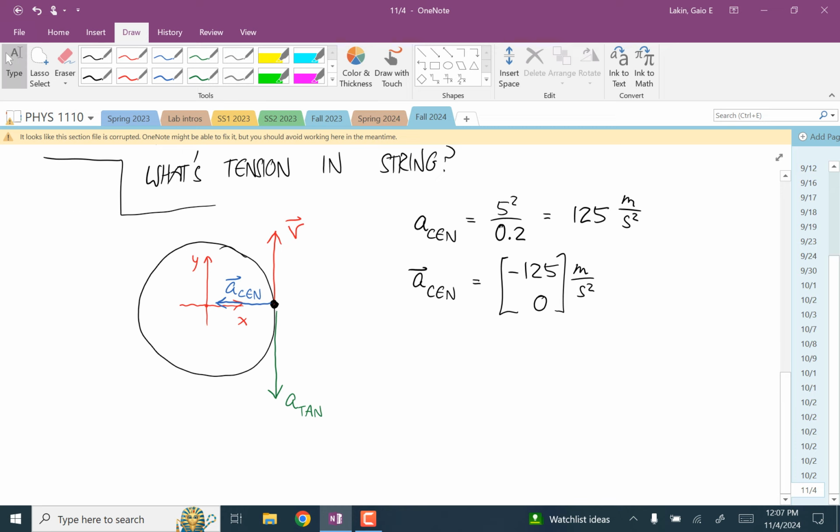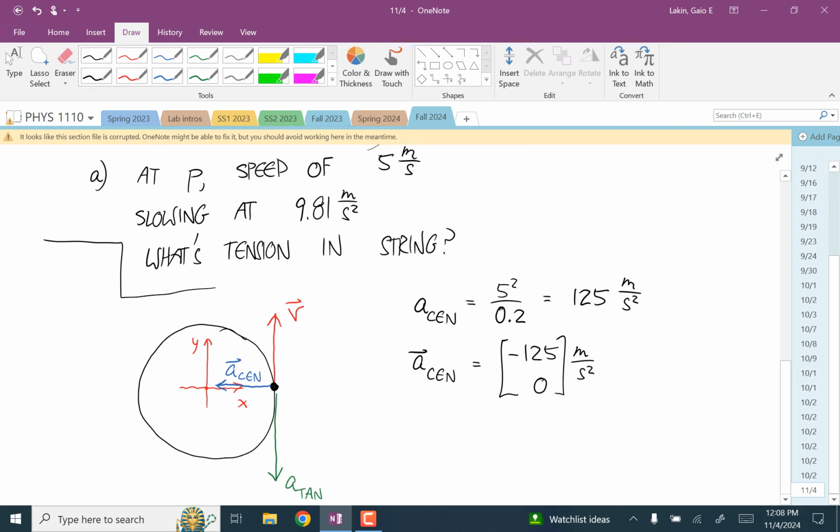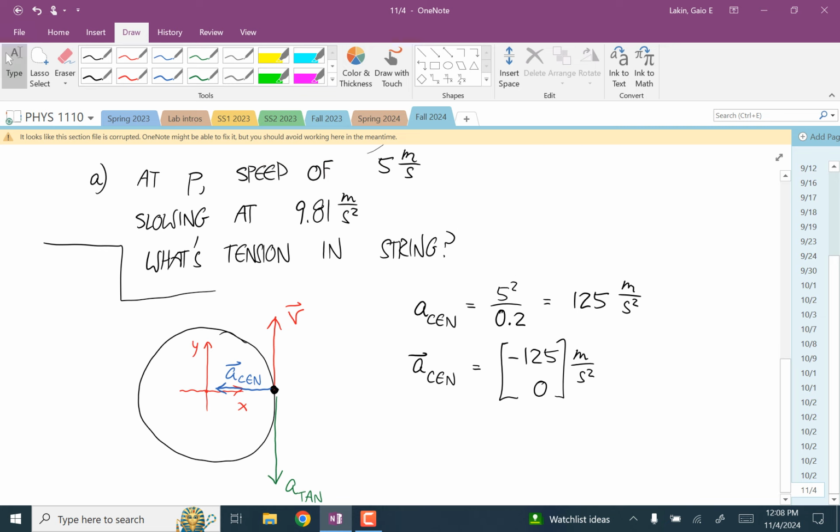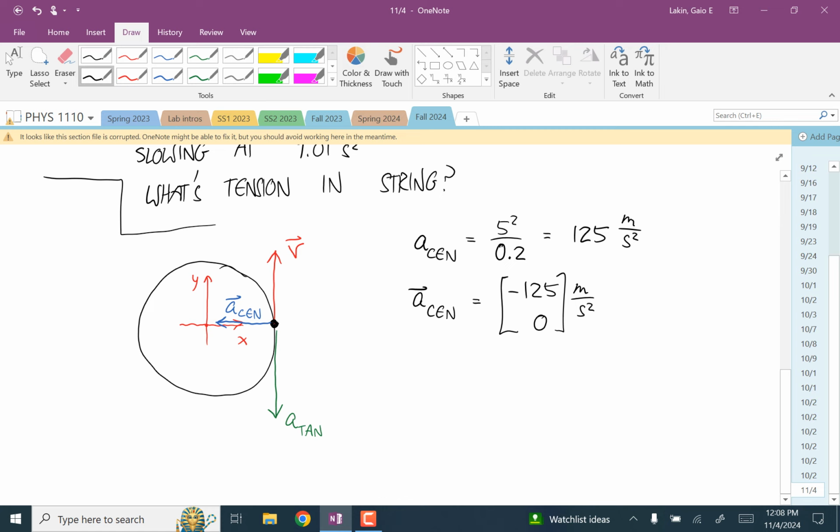Now let's figure out the tangential acceleration. Do you always have a tangential acceleration in circular motion? No, if the speed is constant, you don't. In this one, we're told that the speed is changing, and by how much, so this one definitely has one. It's parallel to the y-axis. Is it in the direction of positive or negative y? Negative, so the tangential acceleration is 0, negative 9.81.